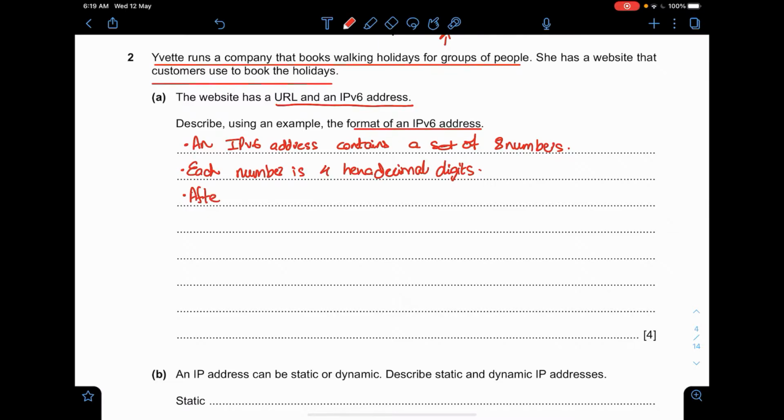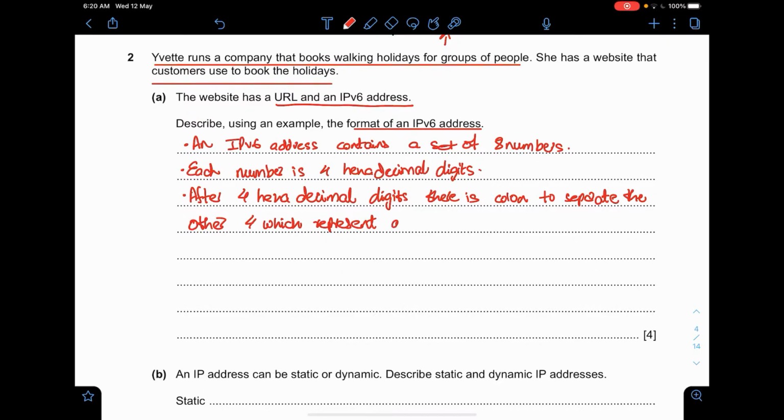After 4 hexadecimal digits, there is a colon to separate the other 4 which represent another of the 8 numbers.